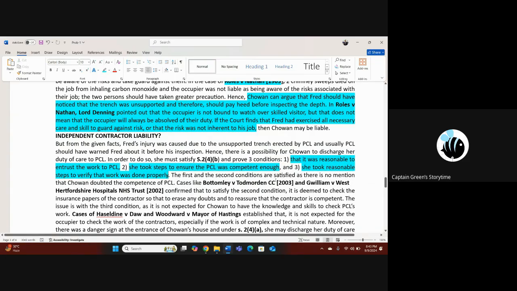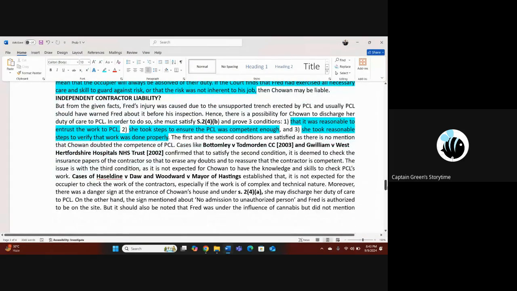So the first and the second conditions are satisfied as there are no facts which doubt the competence of PCL. Okay. However, according to the last fact, there is nothing mentioned, I think, about the steps that Chauhan took in order to check and verify whether the work done by PCL is done properly or not.